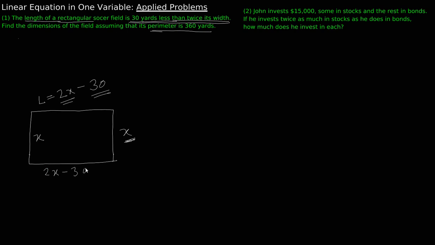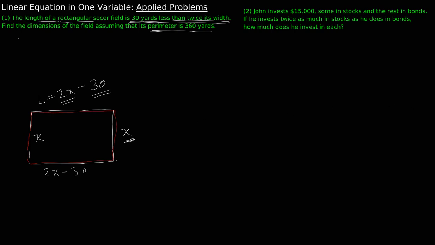Now let us try to find the perimeter of this field. We know by definition that perimeter is the sum of all the dimensions: this length, width, this length and this width.